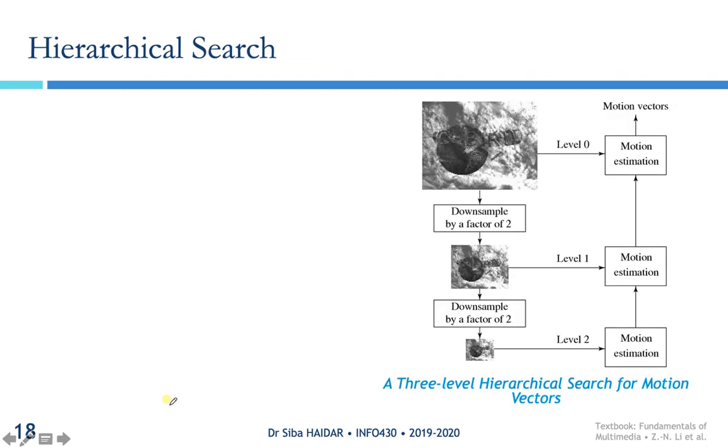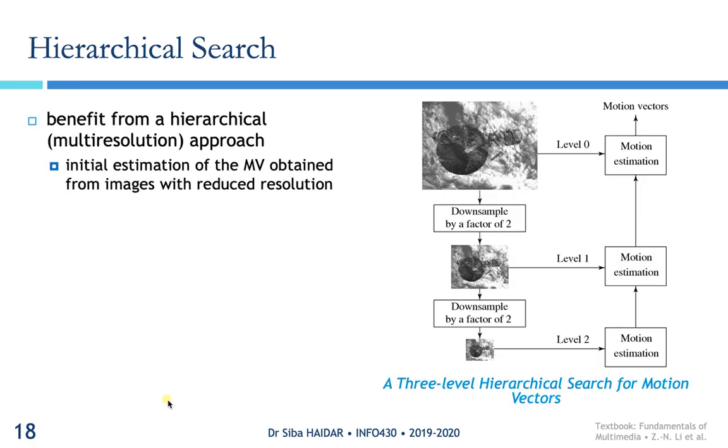Another kind of search is the hierarchical search, which works in a similar way. How do I accomplish this? You can benefit from a hierarchical search, which is also called a multi-resolution approach. You initially estimate the motion vector for a reduced resolution of the image.